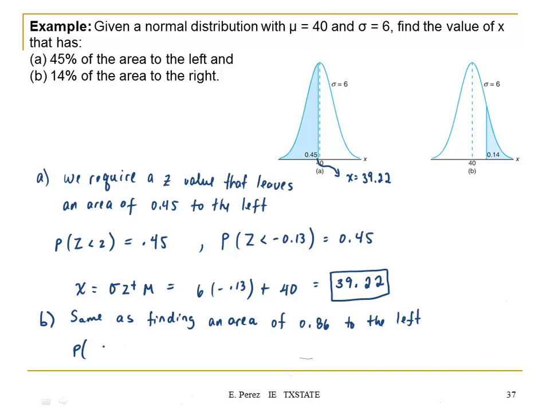So this is the probability of z being less than 1.08, and that will be equal to 0.86.